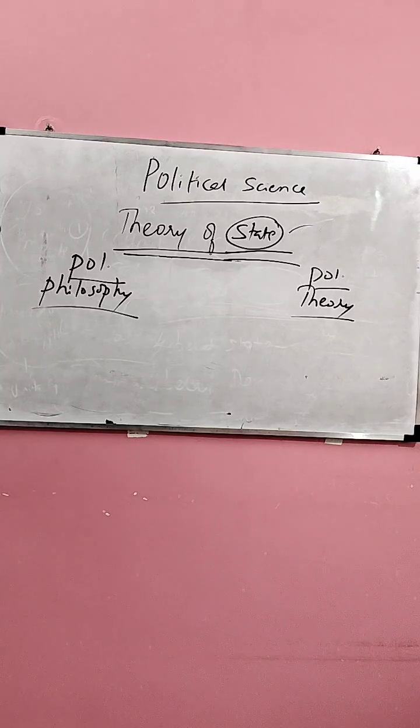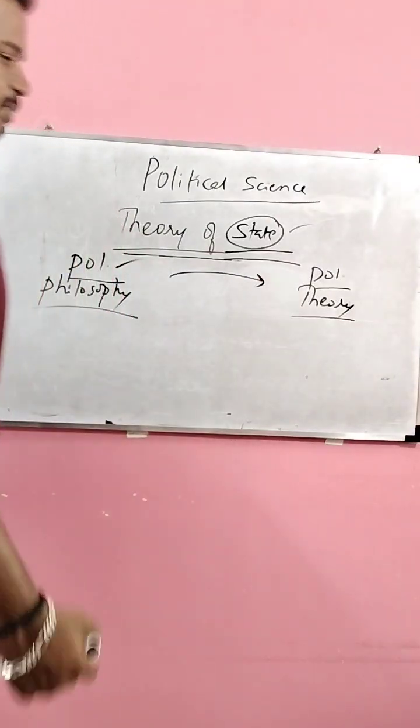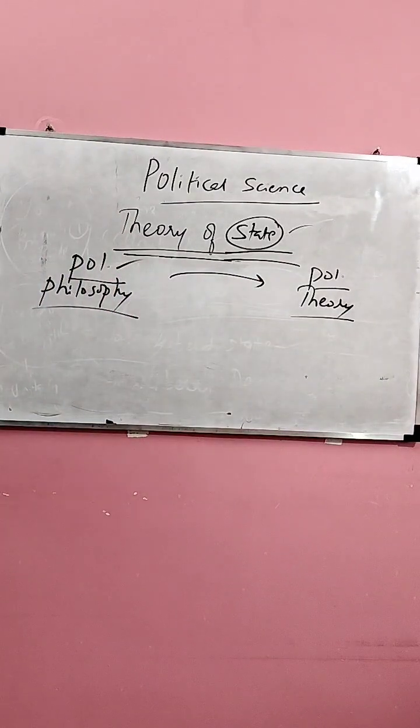In the ancient period, the scholars, especially the ancient Greek scholars, were giving more importance to philosophy. Later, theory was given more importance. Plato, the ancient Greek philosopher, was seen as a father of political philosophy as well as theory. He reconciled philosophy and theory.